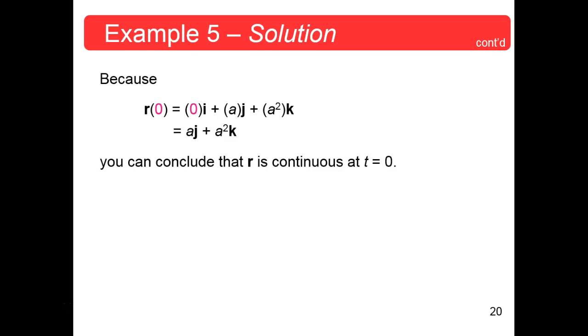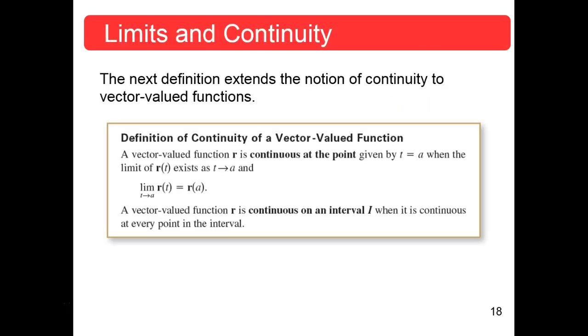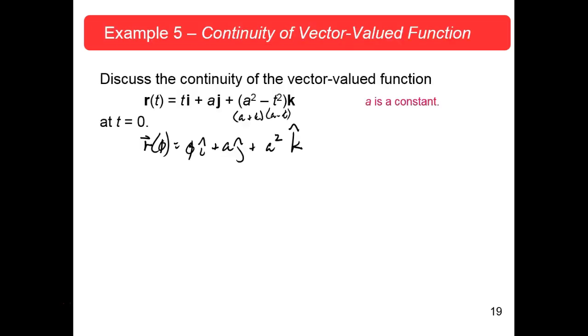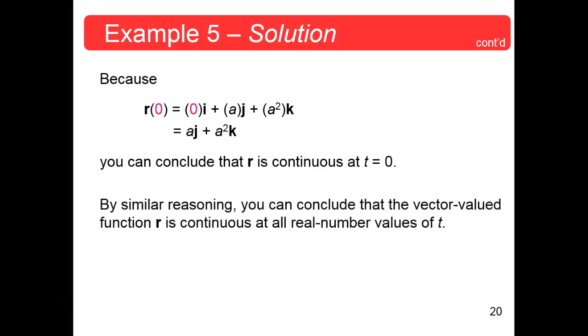This gets there, and since it's defined there, notice back what the thing said: a vector valued function is continuous at the point given by that when the limit exists, and ours did, and the limit is that value, r of 0. And it's both of those things, so it's continuous there. All right.